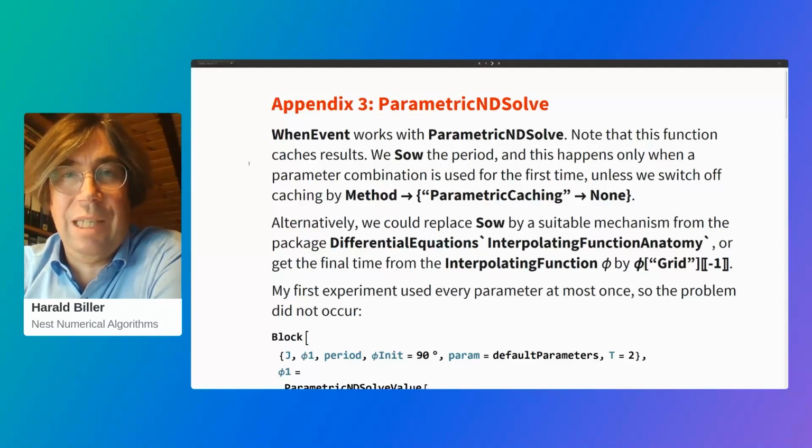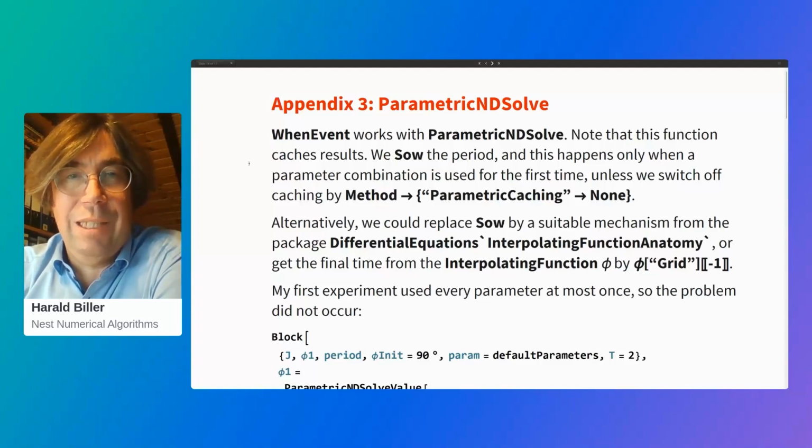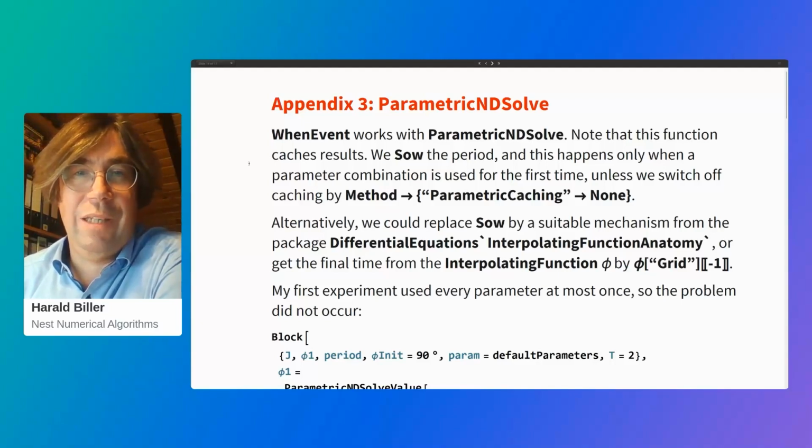That's ParametricNDSolve. And then only vary the moment of inertia, say. And what I did was I solved out of the WhenEvent. And that was unstable because I didn't understand about caching. And now you can turn off caching and then everything works.